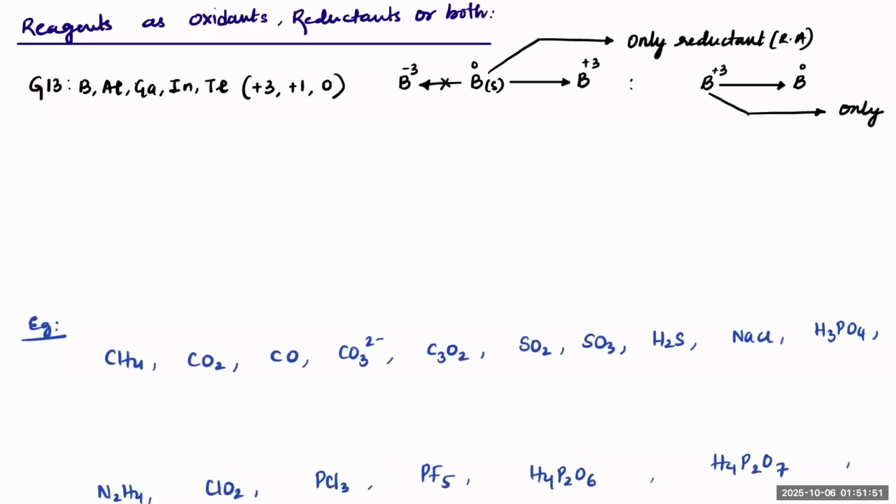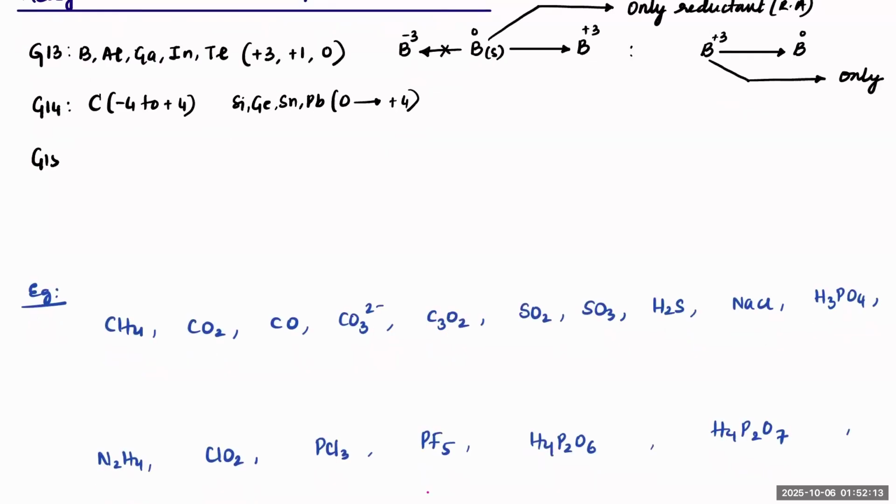So check it out. Group 14. In group 14, carbon can exhibit anywhere between -4 to +4, while silicon, germanium, tin, and lead exhibit anything from 0 to +4. Group 15, nitrogen and phosphorus can exhibit anywhere from -3 to +5, while arsenic, antimony, bismuth are restricted between 0 to +5.